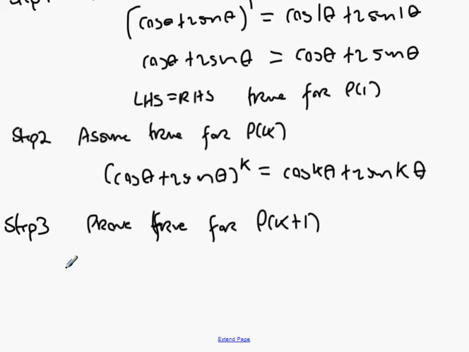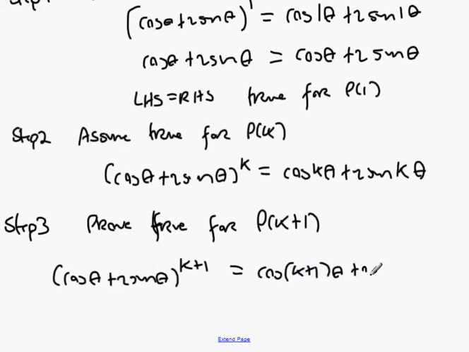So we're going to get (cos theta + i sin theta) to the power of k+1 equals cos (k+1) theta + i sin (k+1) theta. I'm going to isolate the left hand side of the equation.